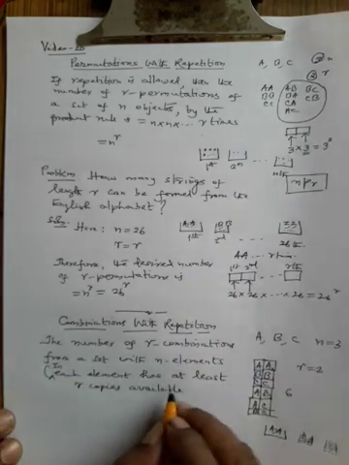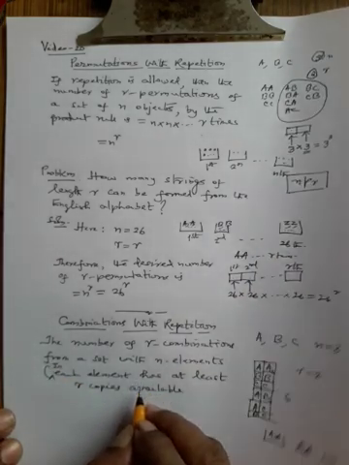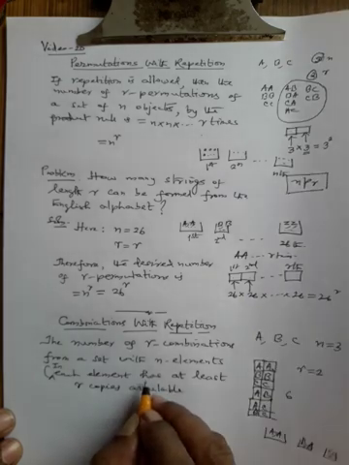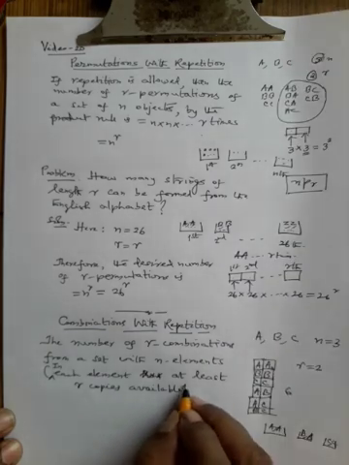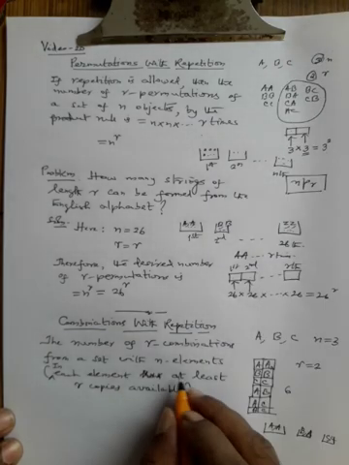In each element, at least r copies are available.